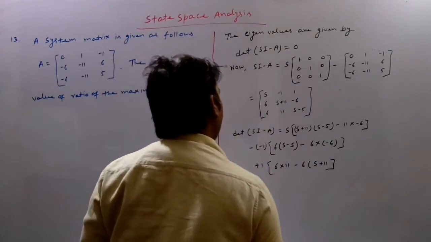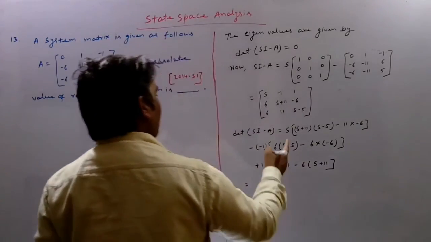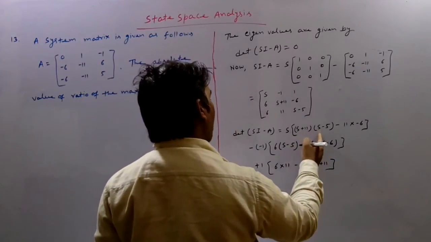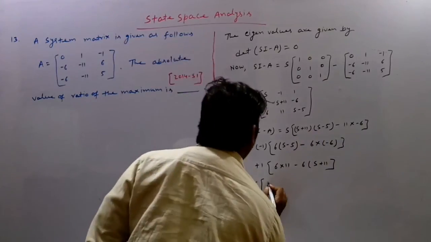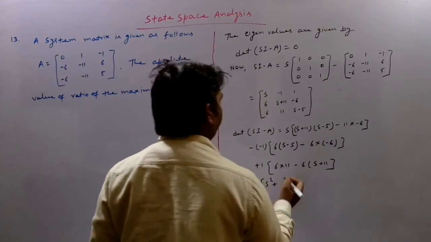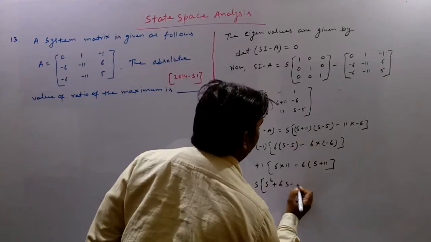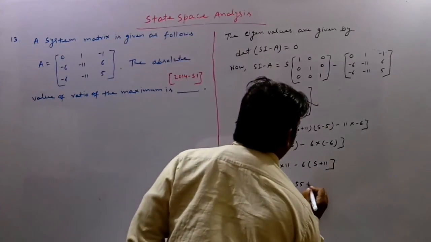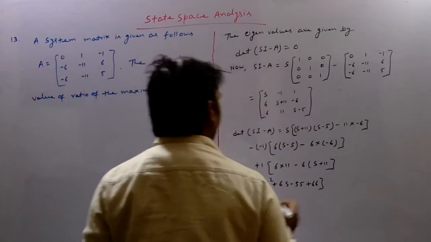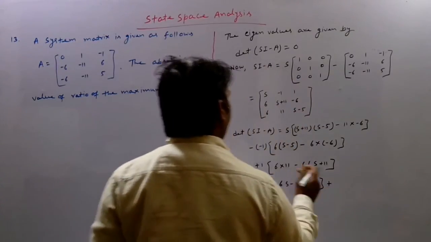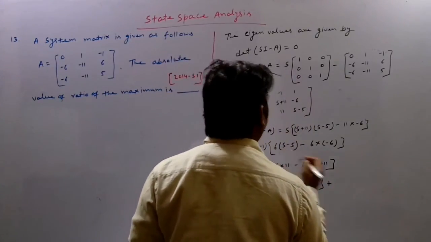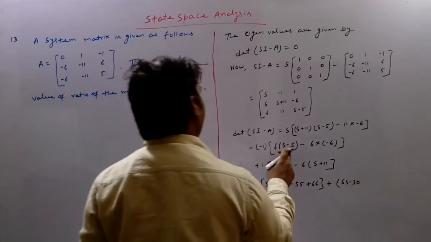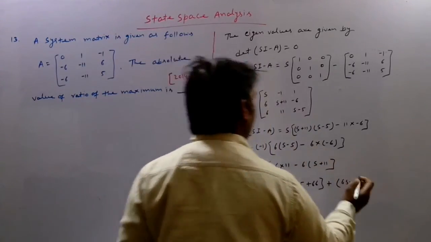Now how much it will be? So s into, if we multiply these two terms, s square minus 5s plus 11s, so s square plus 6s minus 55, plus here 66, plus here 6s minus 30, and here plus 36.